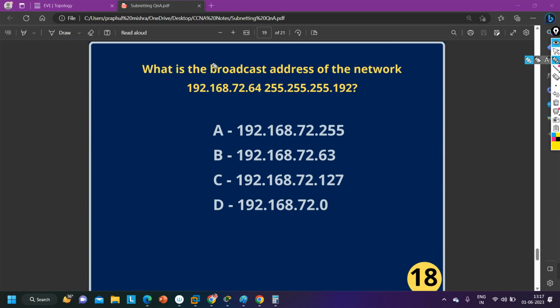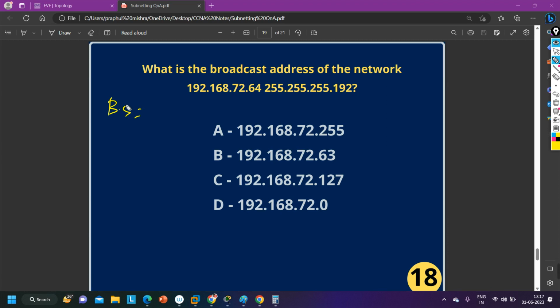This question is very easy. What is the broadcast address of the network? Option C, 192.168.172.64. Here we need to find the block size.